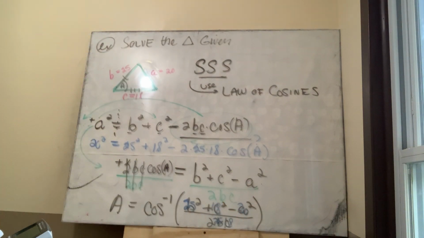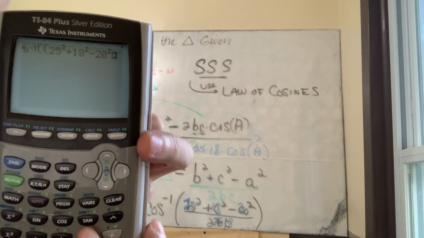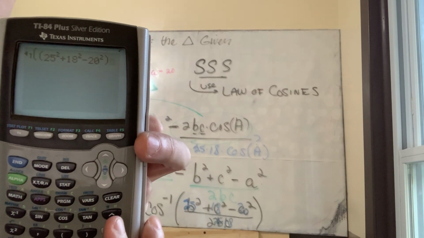25 squared plus 18 squared minus 20 squared, 20, not 2. And then close the parentheses here. This may be overkill, but I'd rather be safe than sorry.